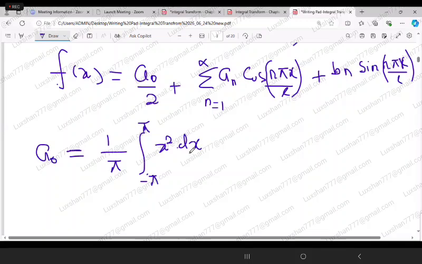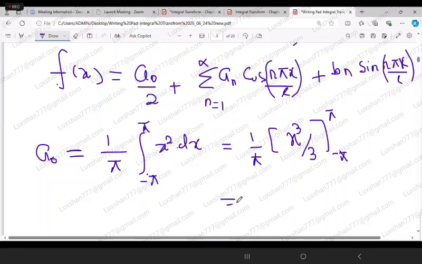So this is 1 over pi times x cubed by 3 from minus pi to plus pi.